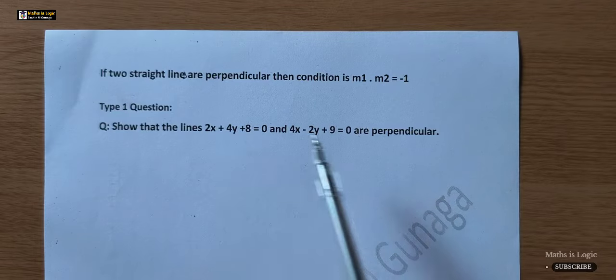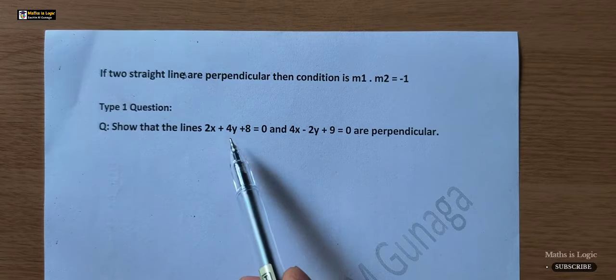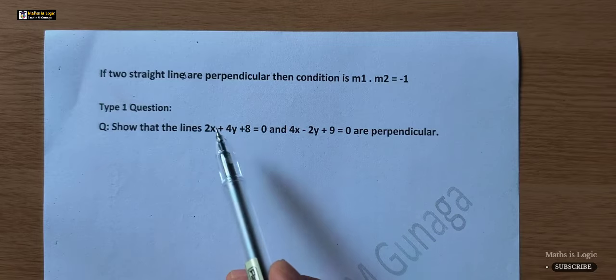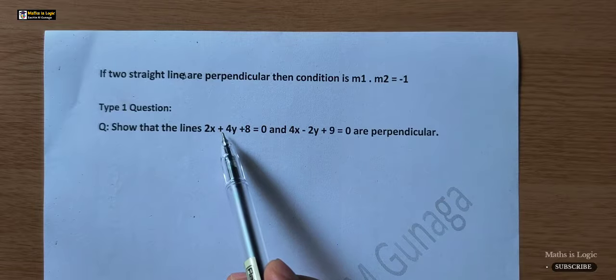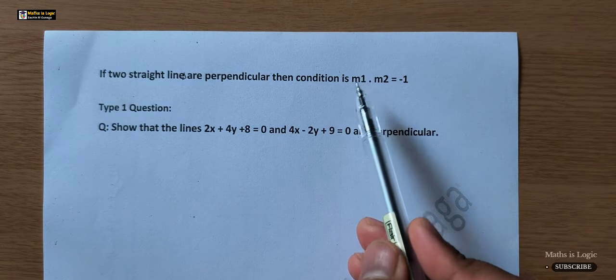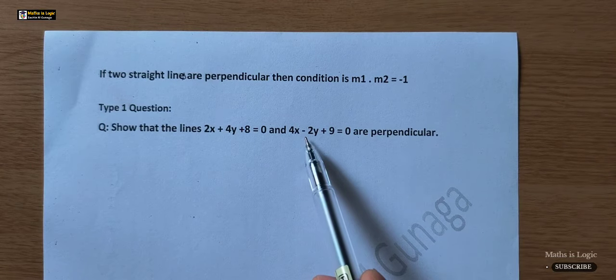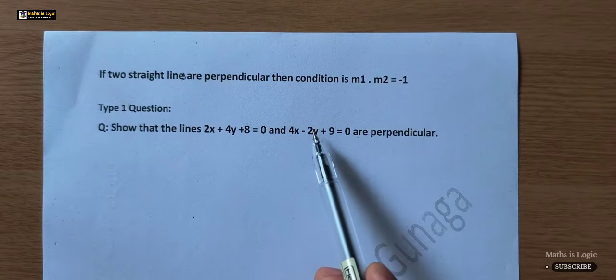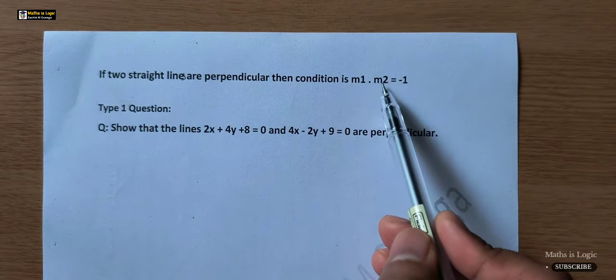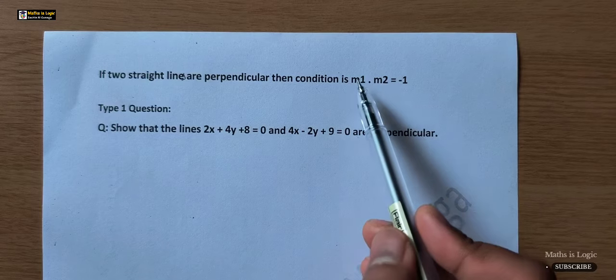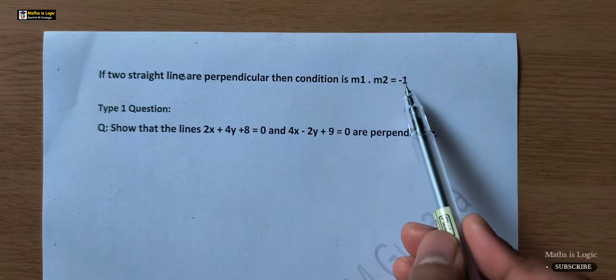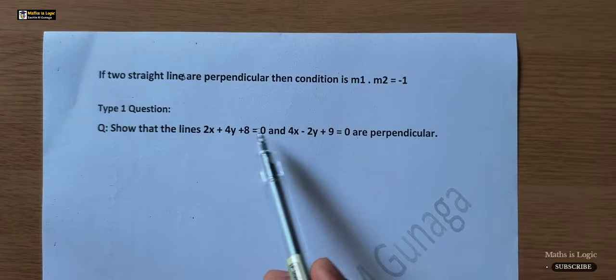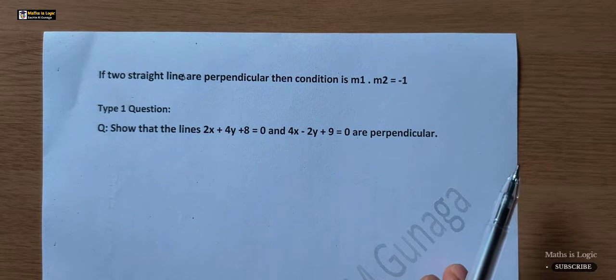How to show this result? This is the first line equation, this is the second line equation. First step, find out the slope of the first line, that is m1. Next, find out the slope of the second line, that is m2. After finding m1 and m2, you need to multiply them together. After multiplication, if the final answer comes as minus 1, then only we can say these two lines are perpendicular.